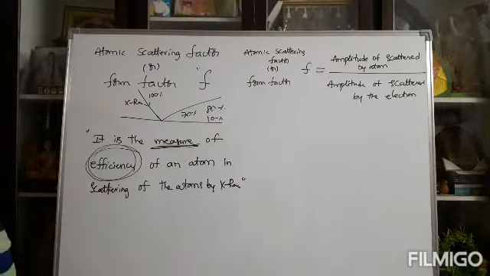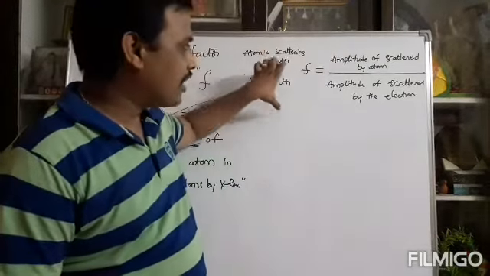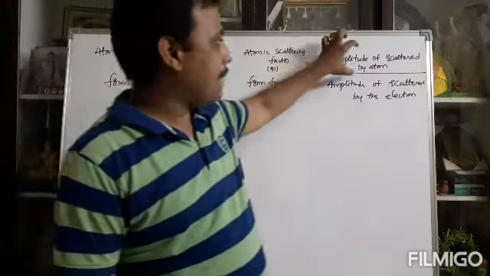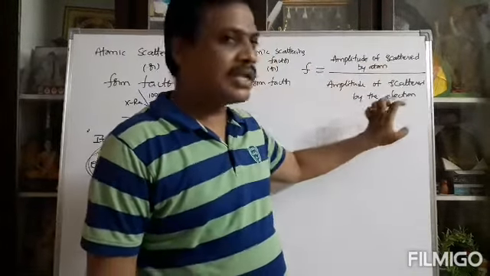That ratio gives the form factor. Here the form factor can be defined as the ratio of amplitude of the scattered by the atom to the amplitude of the scattered by the electron.